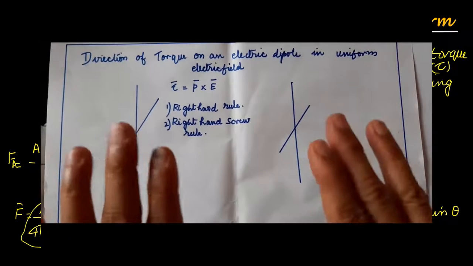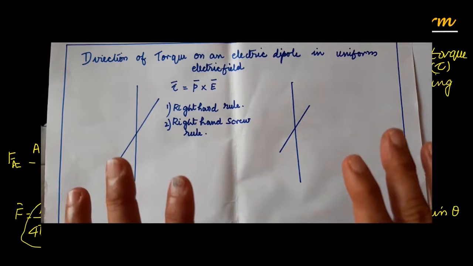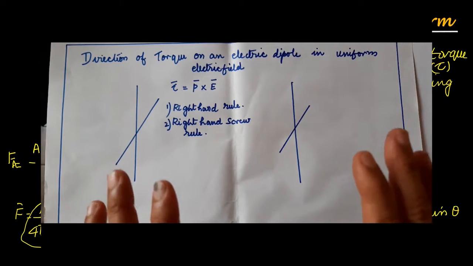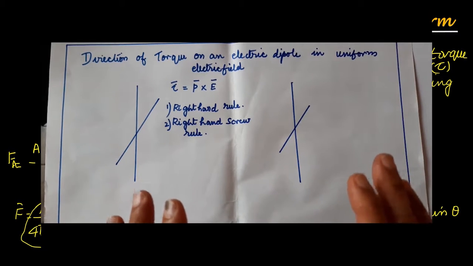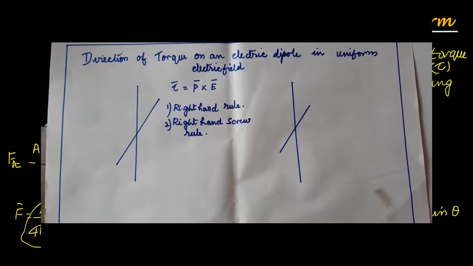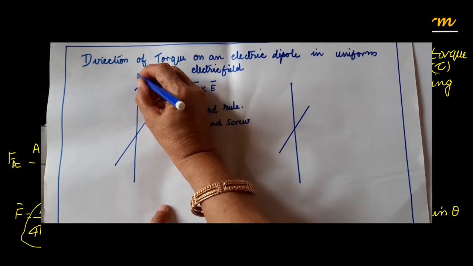In this video, I shall demonstrate the movement of the electric dipole kept at an angle in a uniform electric field and also demonstrate the direction of torque experienced by the electric dipole. I have already prepared a diagram here. This is the direction of the electric field.